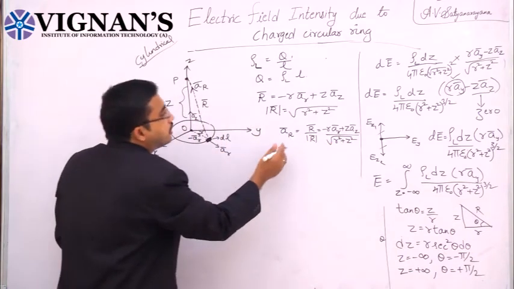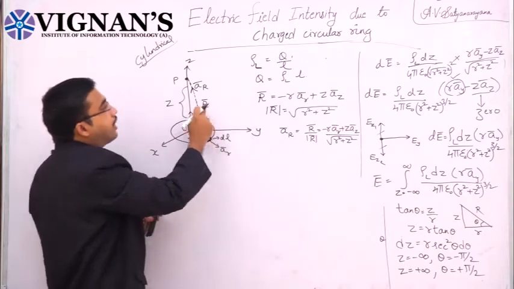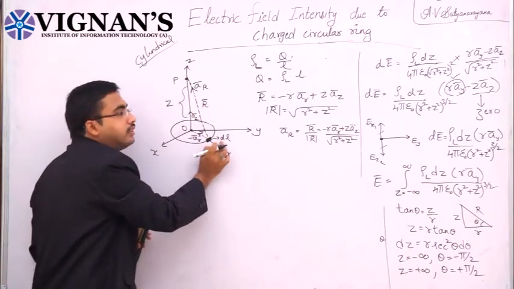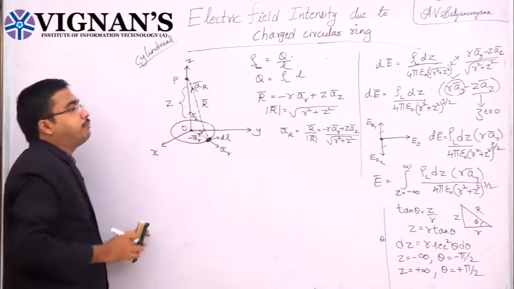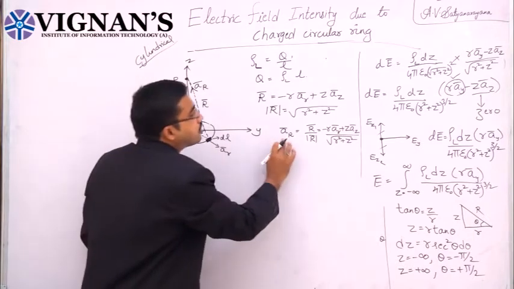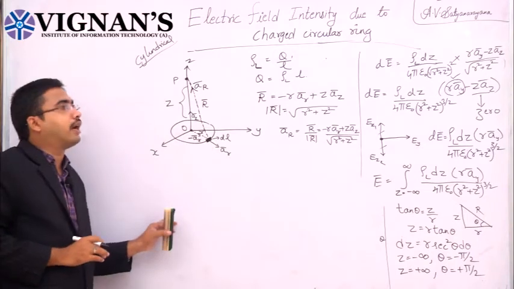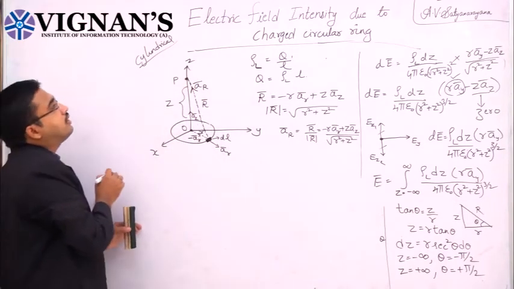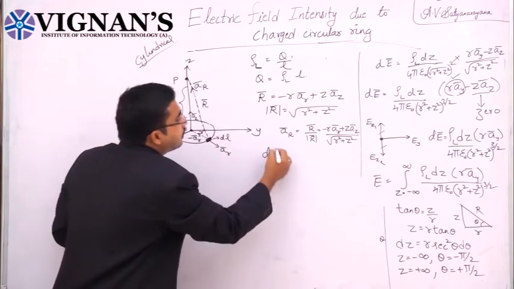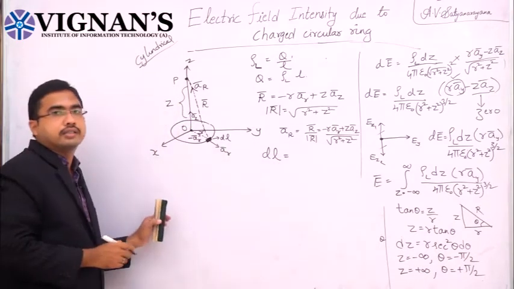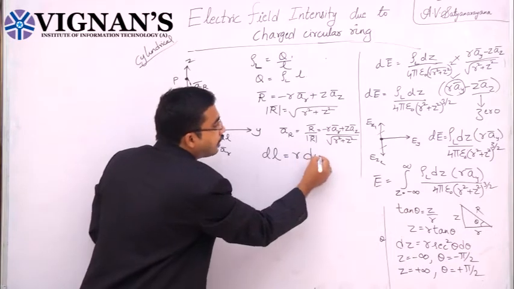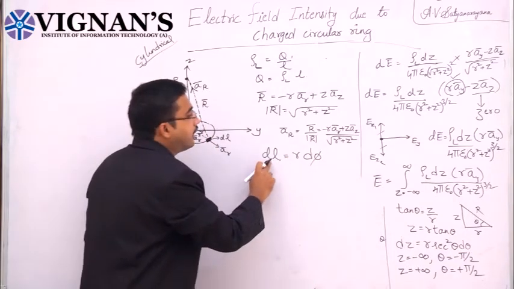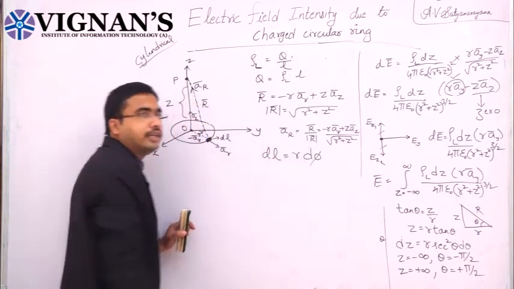So this is the unit vector aR bar that is acting along this direction from the differential length dl towards the point P. Now in the cylindrical coordinate system, the differential length dl is r d phi. Already we know this formula from our coordinate systems.